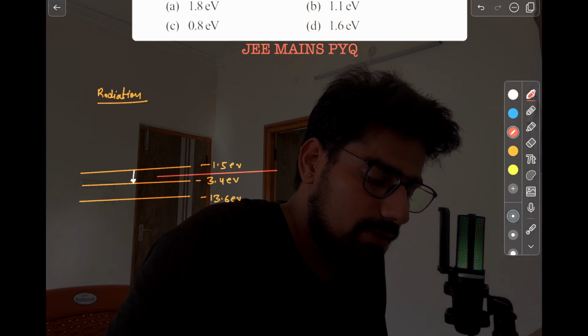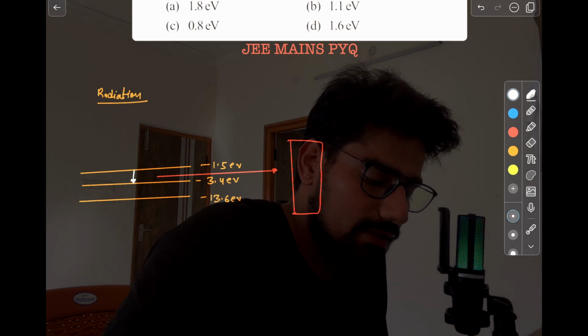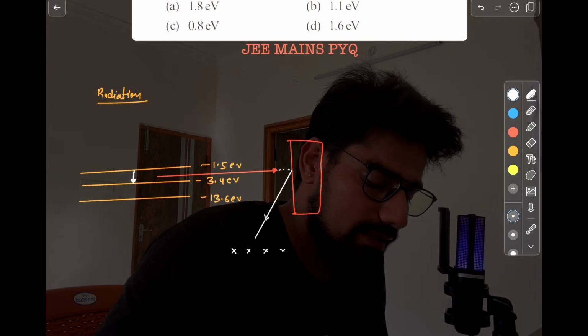Now this photon is falling on a metal surface. So let's suppose this is our metal surface. When this photon falls on this metal surface, there is an electron emission because of the photoelectric effect. Now this electron is entering some magnetic field. Let's suppose the magnetic field is like this, right?